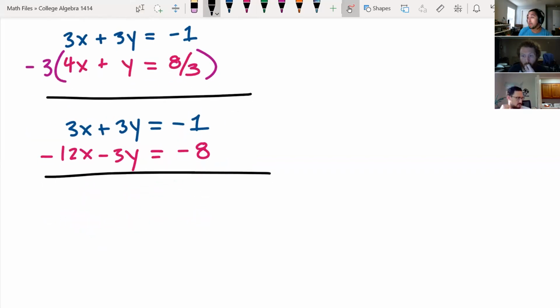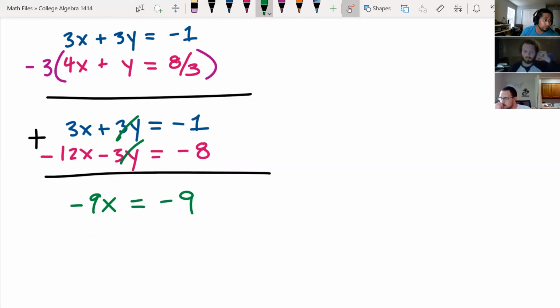And now we see that when we add our equations together, 3x plus -12x will give me -9x. 3y plus -3y will cancel. And -1 minus 8 gives me -9. Divide by -9 and x equals 1.